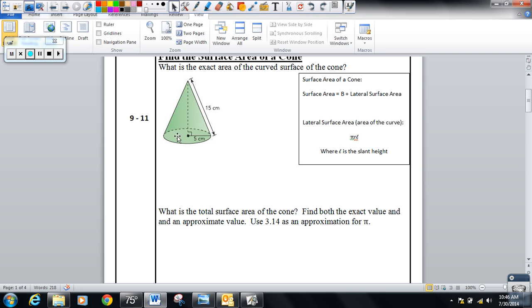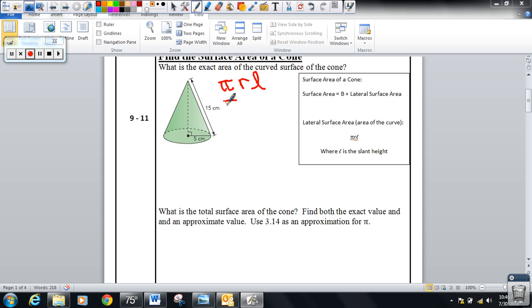Then you also have to find the area of the base, and just like before, the area of the base is the capital B. So if I find the exact area of the curved surface, I need my lateral surface area formula, and it says exact, so I'm going to leave it as pi r for radius and L for slant height.